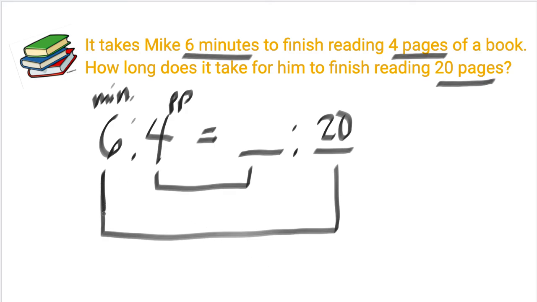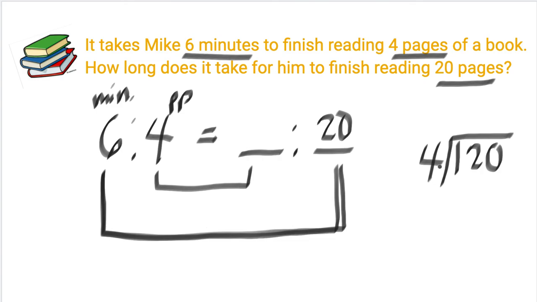So you have to multiply these. 6 times 20 gives us 120. Then divide by the remaining number, which is 4. So 120 divided by 4, I'll do the shortcut, gives us 30. So the answer here is 30.